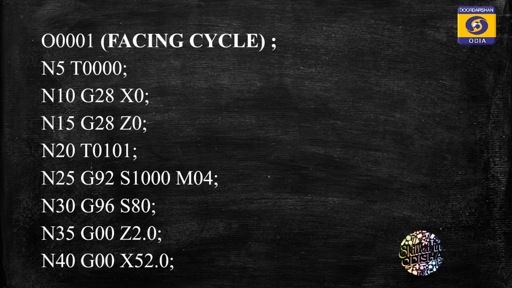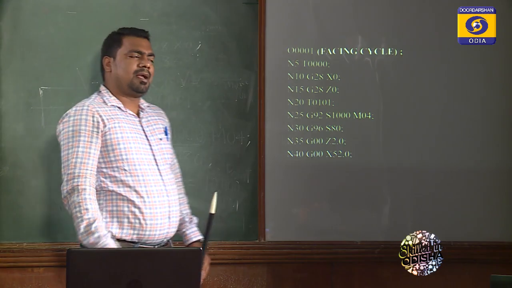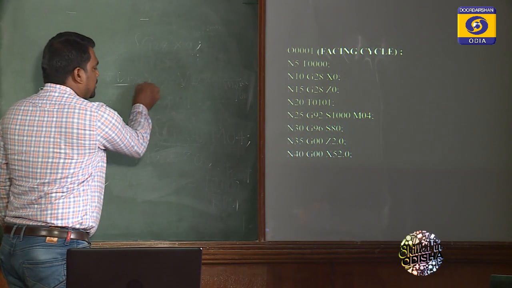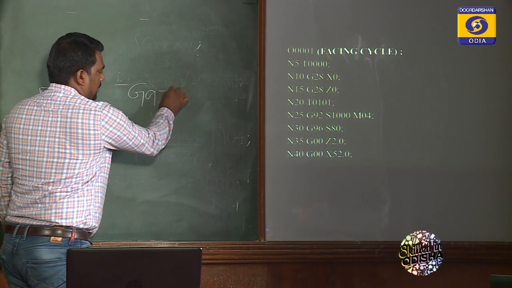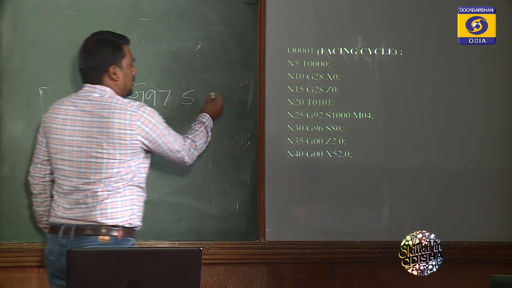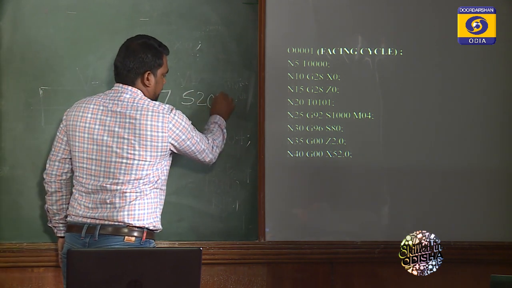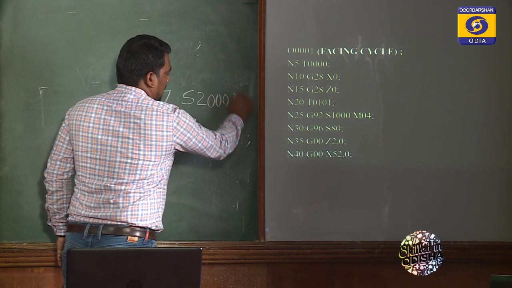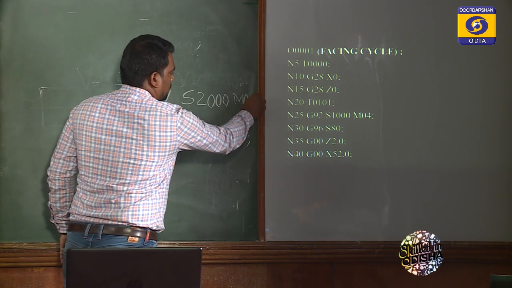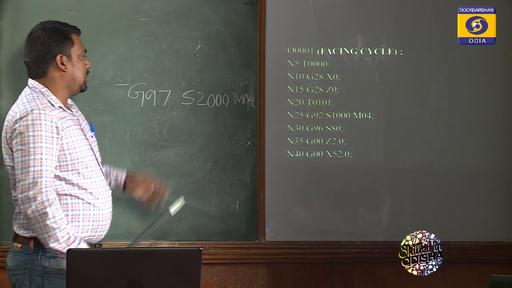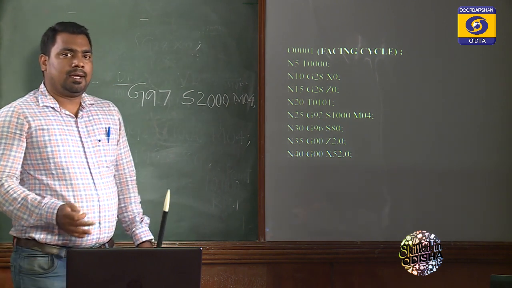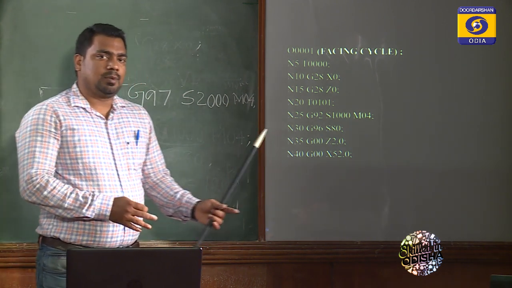If there is no change in the diameter, I can also write a command G97 S2000 M04. This means I don't have to specify my cutting speed and maximum speed.